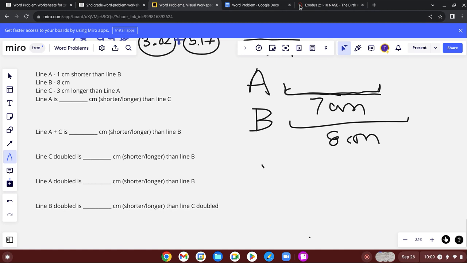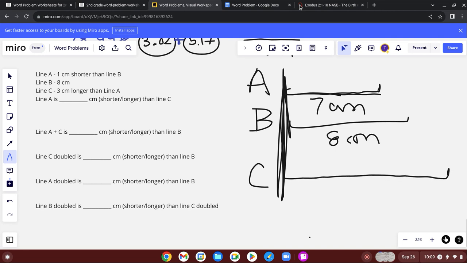Now we know line C is 3 centimeter longer than line A. So should we draw the line longer or shorter? Longer. Right, so let's say this is the start. This is going to be longer than line A, right? Do we know if it's longer or shorter than line B? Not yet. So let's calculate it.